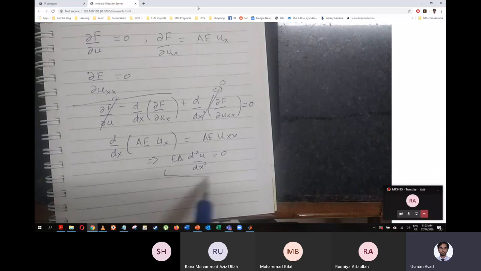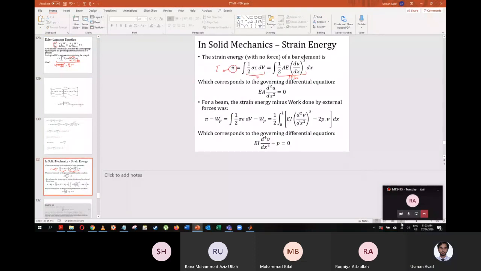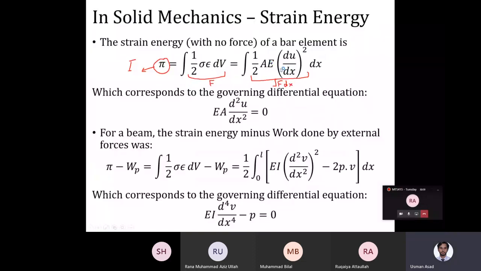So this is indeed the governing differential equation for a bar, you know, the so-called strong form of our problem, which means minimizing the integral of that strain energy is equivalent to solving our problem. Minimizing this integral is equivalent to solving this differential equation.